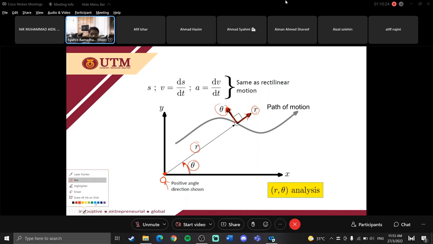As I mentioned previously, if theta is given like this, then this should be the direction, so the positive theta axis should be this direction. Please make sure when you draw the axis, you follow the correct direction, because it will represent the positive and negative direction of the velocity and acceleration.